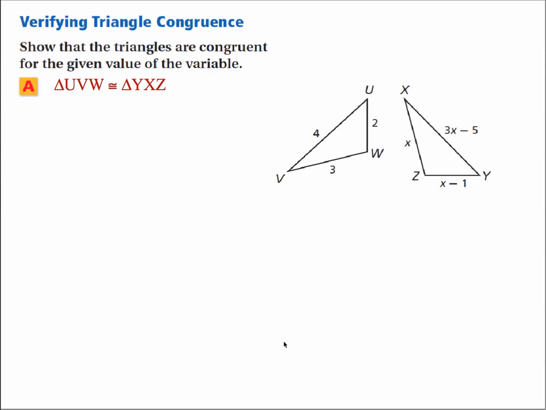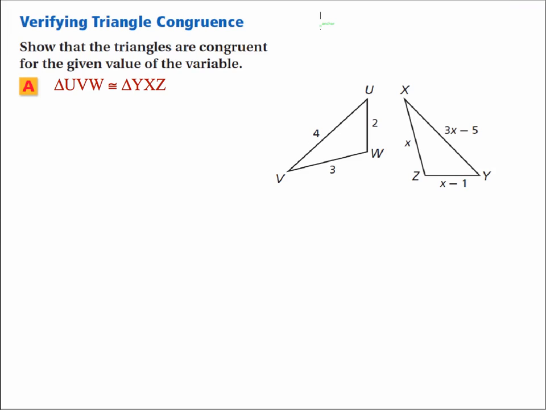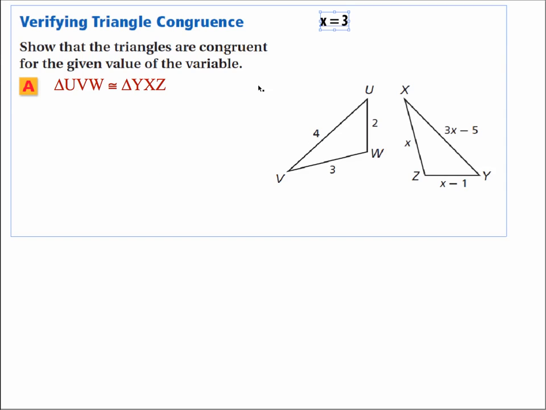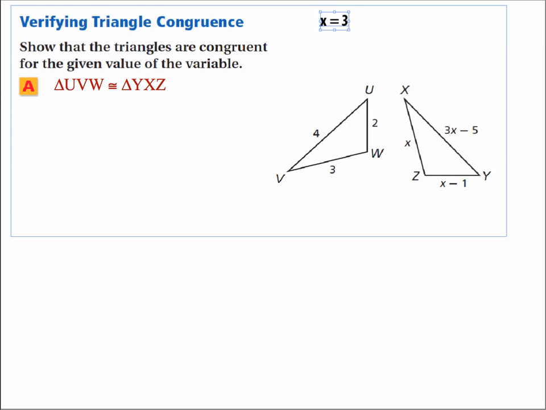Okay, in this example, we're going to verify some triangle congruence. And so what we're going to do is show that the triangles are congruent for the given value of the variable. And so in this case, we're going to let x equal 3. Okay, so for the given value of this variable, we know that triangle UVW is congruent to triangle YXZ.